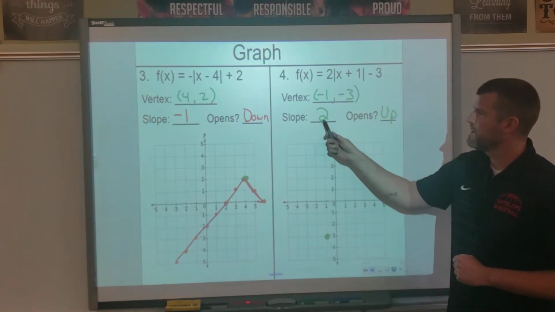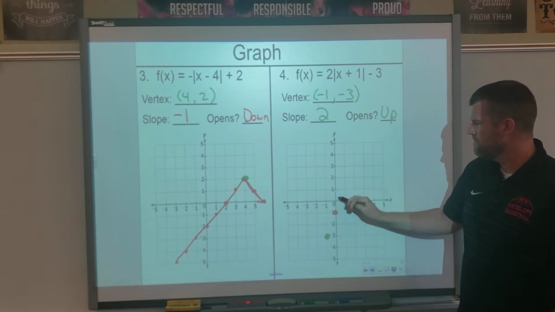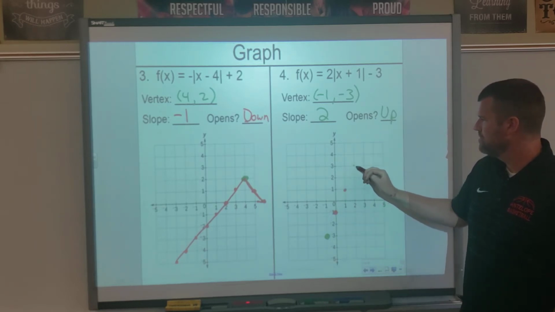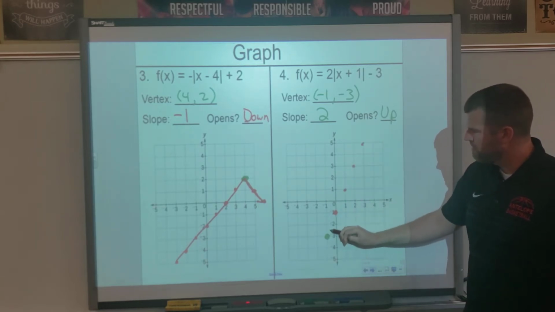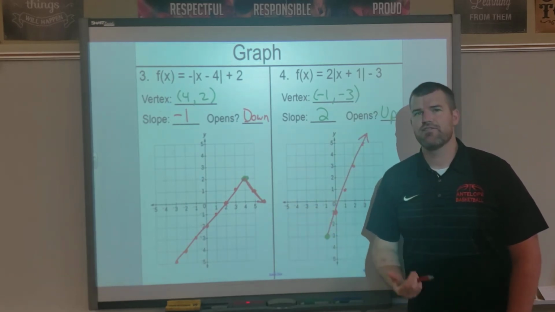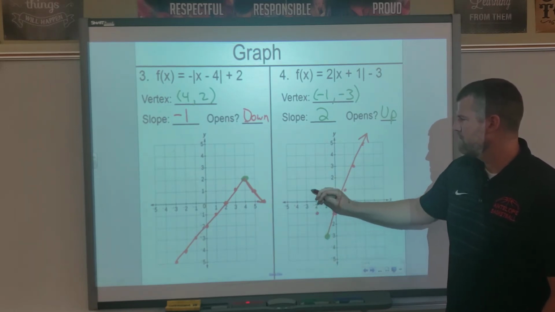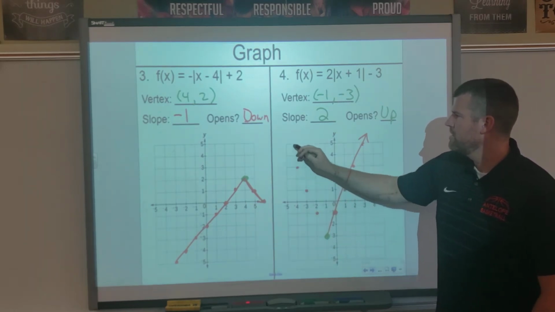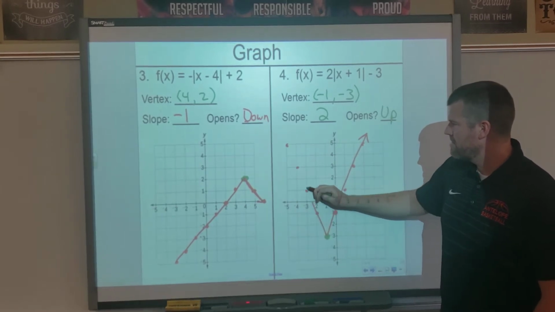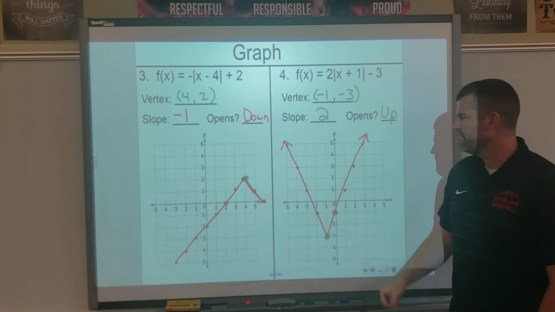Well, I'm going to use my slope of 2 to count up 2 over 1, up 2 over 1. And that will give me the right side of my graph. And to get the left half of the graph, I just do the opposite. Up 2, backwards 1, up 2, backwards 1. And we end up getting a nice, perfectly symmetric V-shaped graph.